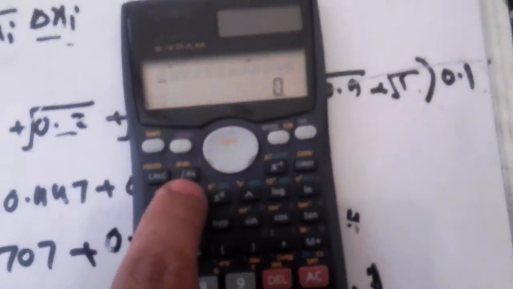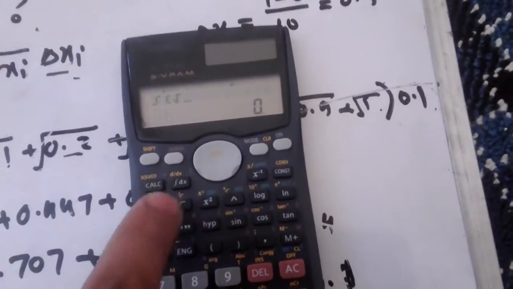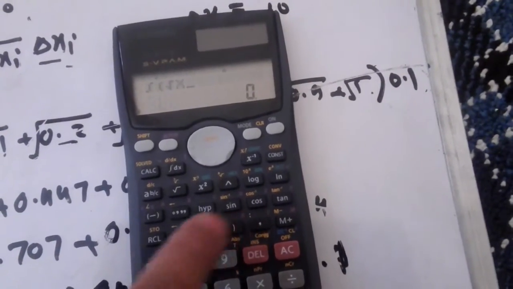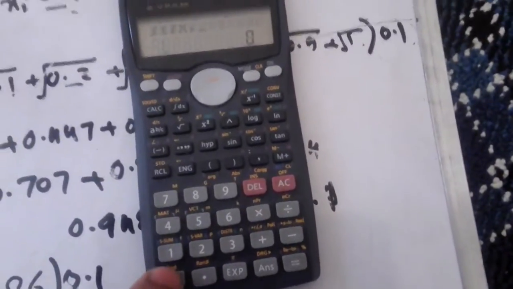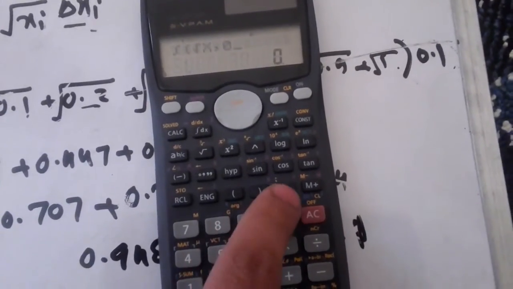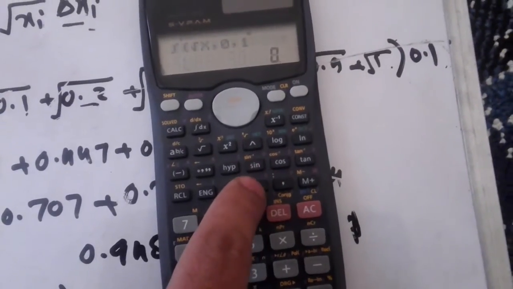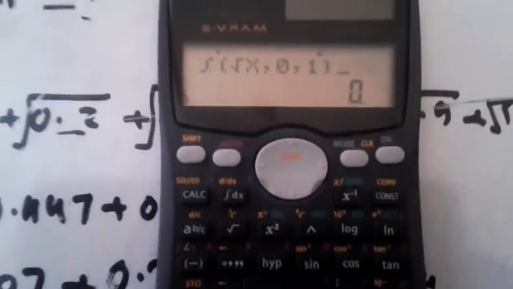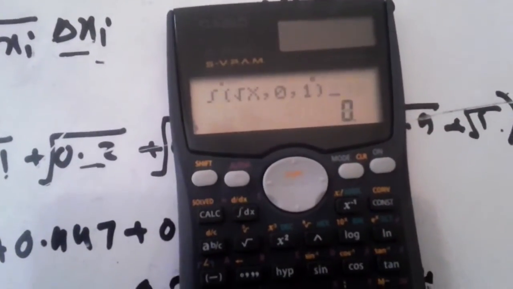For example, to calculate the integral, we have to press this integration symbol, then square root, alpha x, comma, limit from 0, comma, 1, braces closed. By just pressing the equal sign, we expect that we can get the result easily.